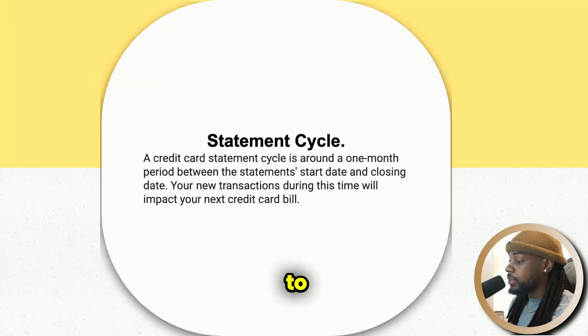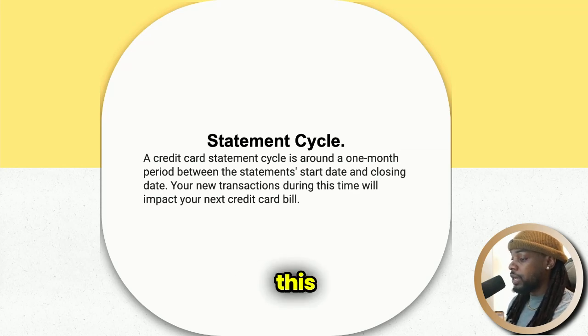The first thing that we're going to discuss is your statement cycle. And again, we're going to make this very easy to explain and watch all the way until the end, and it should make sense. So a credit card statement cycle is around a 1 month period. When you look at your credit card statement, it may be 28 days, 29, 30, it kind of ranges, but it's somewhere around 1 month.